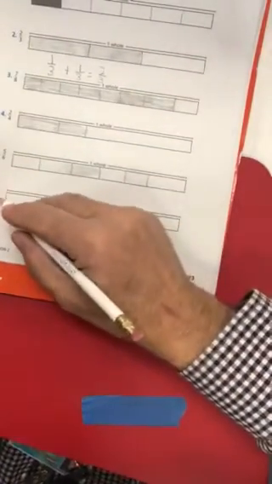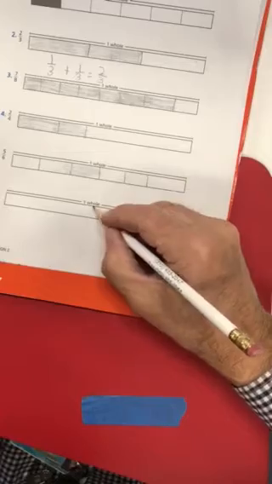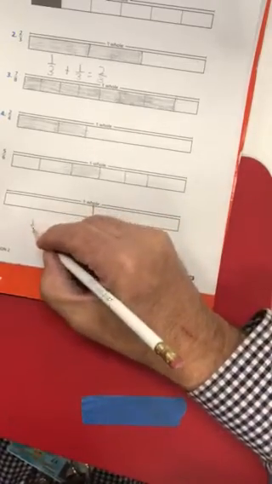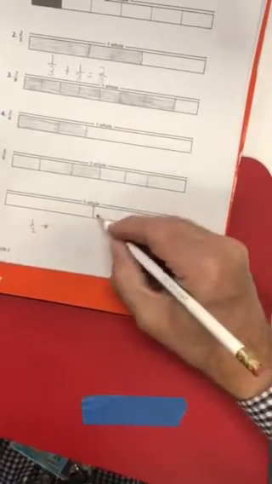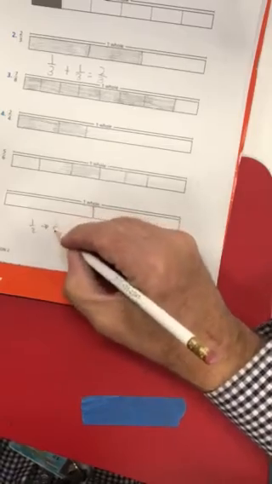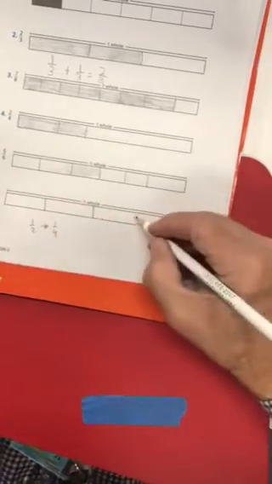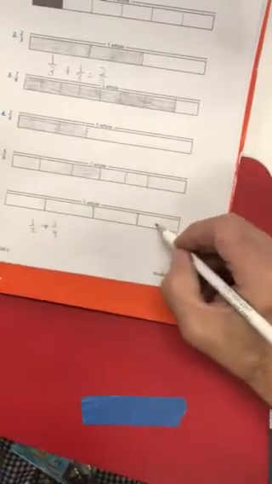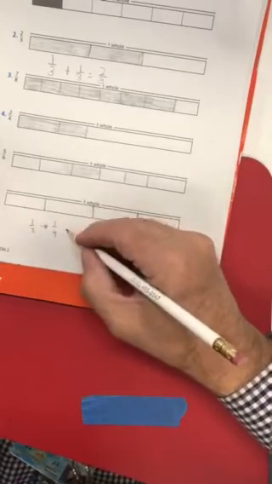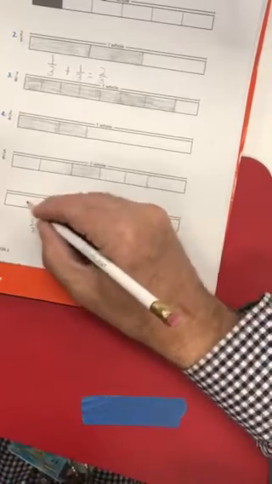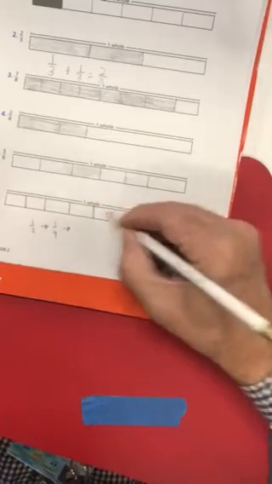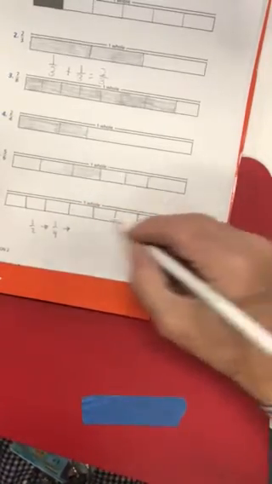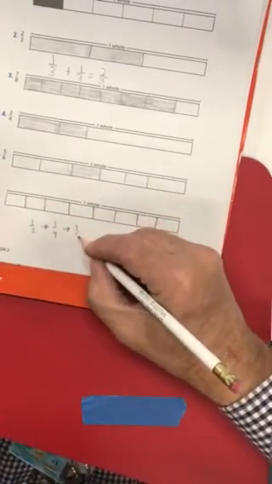So first, if I want 8 altogether, I divide it in halves, so that's halves. And then the halves become 4ths. See how we have 1, 2, 3, 4? Then if I divide each one in half again, what's my unit fraction now? 1/8.